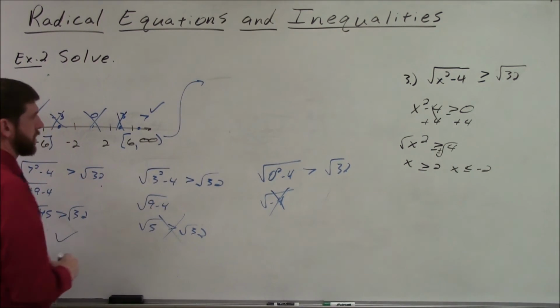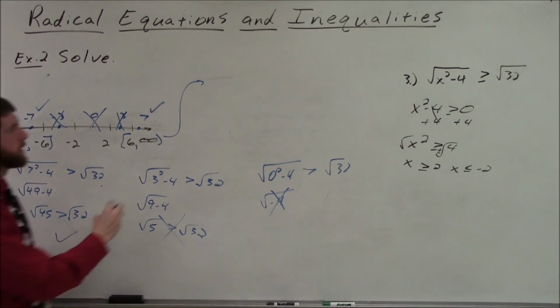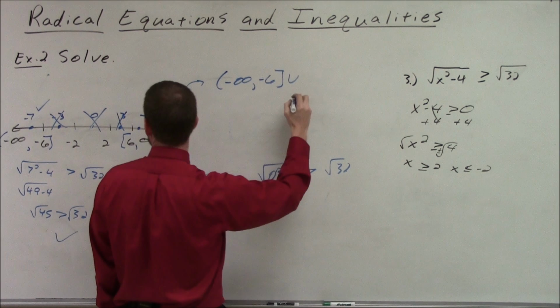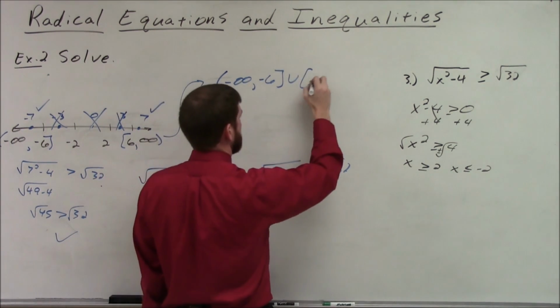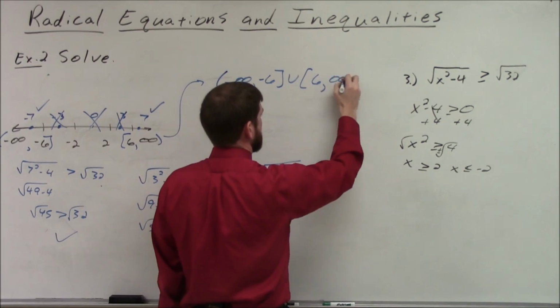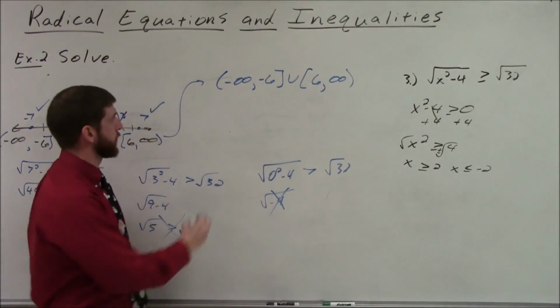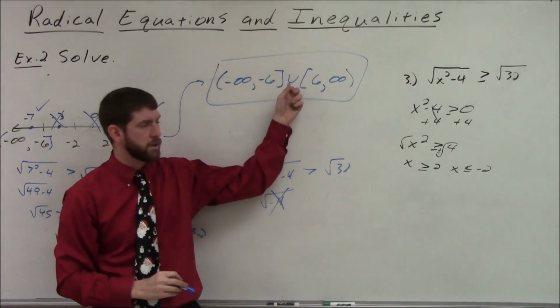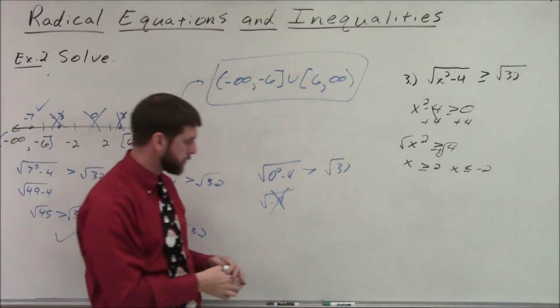So the solution for this inequality is negative infinity to negative 6, along with positive 6 to positive infinity. So that's the solution. Remember your interval notation. We have multiple intervals. We combine them with that union symbol.